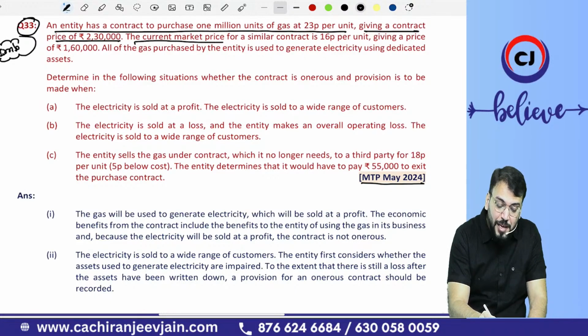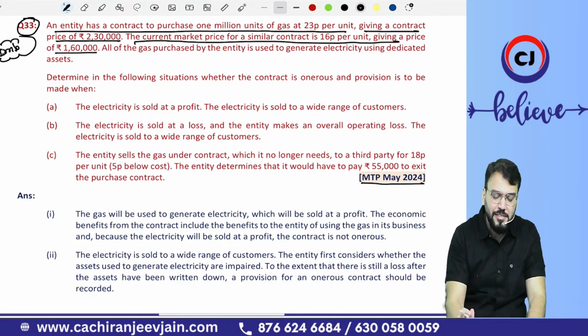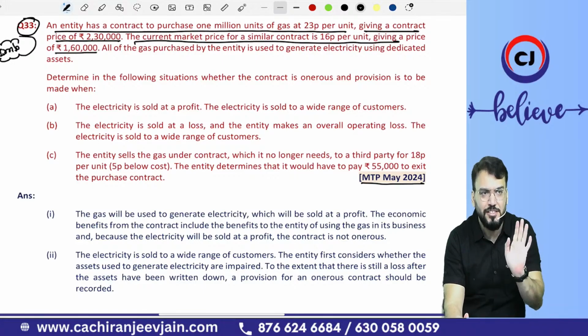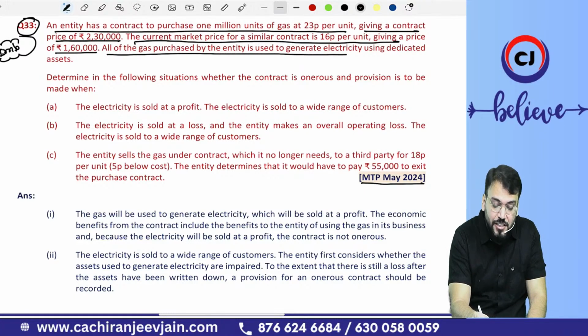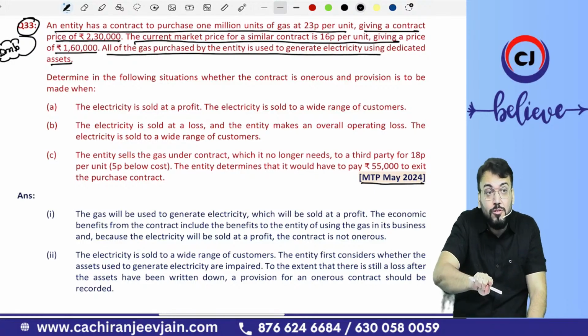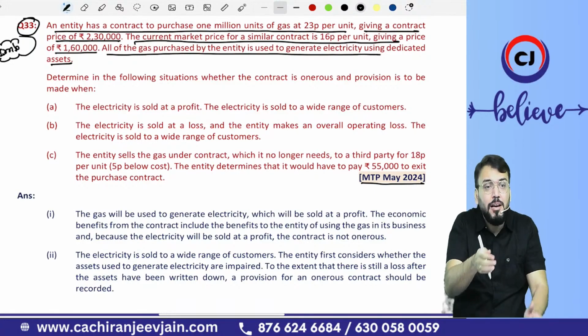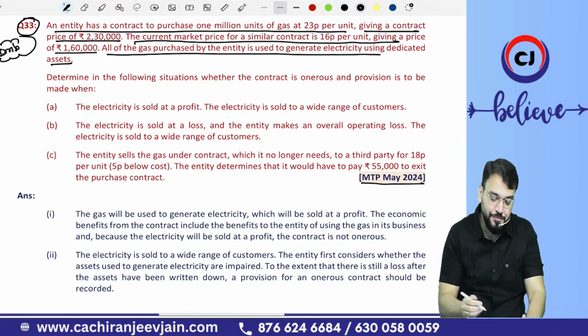The current market price of a similar contract is 16 paise per unit, giving a price of rupees 1,60,000. All of the gas purchased by the entity is used to generate electricity using a dedicated asset.